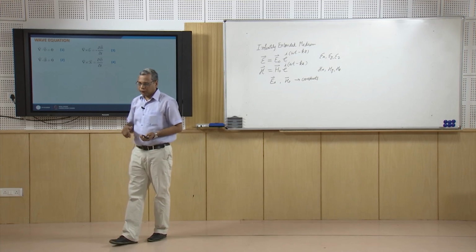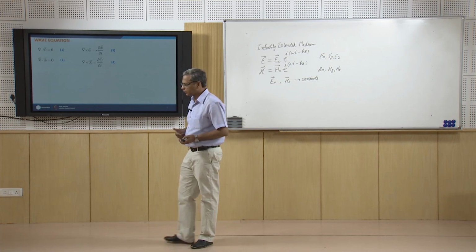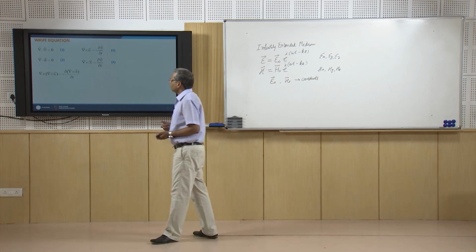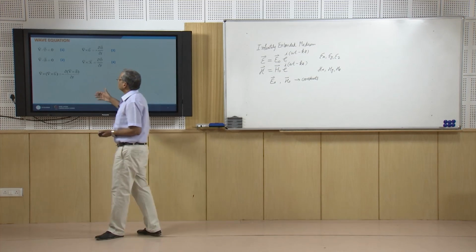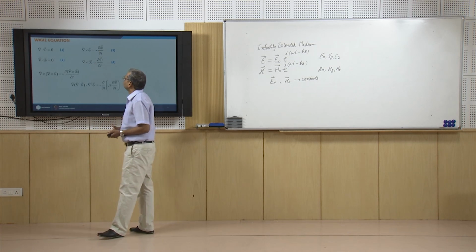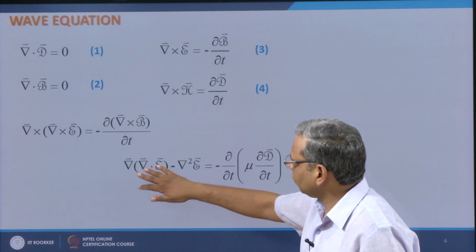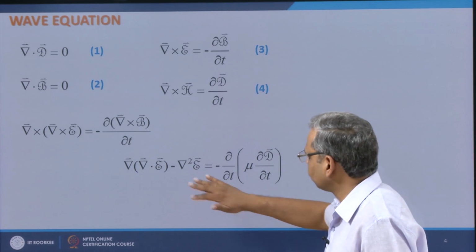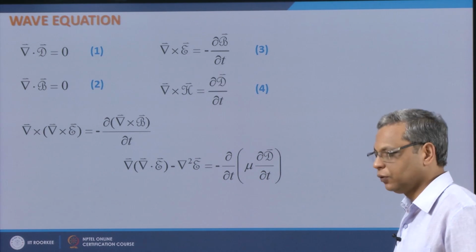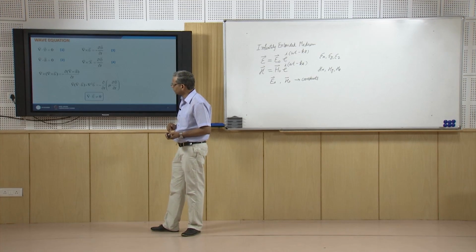So, what should I do now? Again I should form the wave equation so that I can find out what are the electric and magnetic field solutions. The usual procedure to find the wave equation is I take the curl of this equation and use other Maxwell's equations in it. So, I get del of del dot E minus del square E is equal to minus del over del t of mu times del D over del t, in the same way as I had done in the previous case.